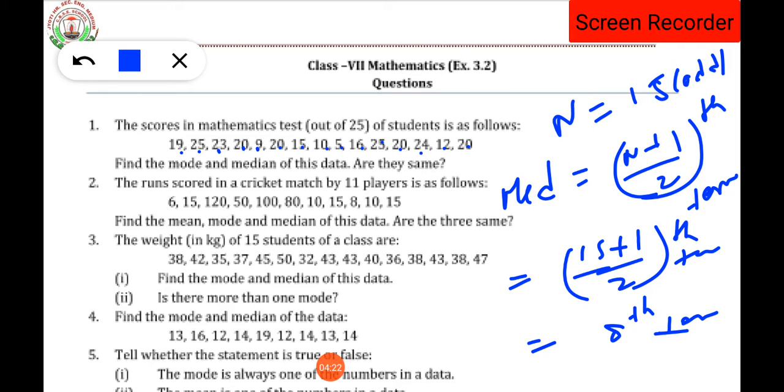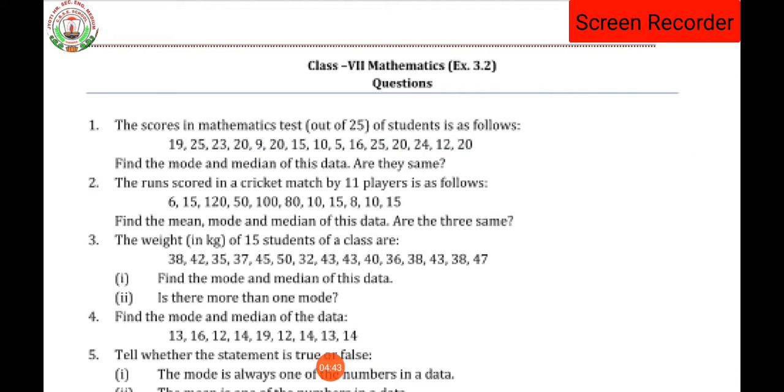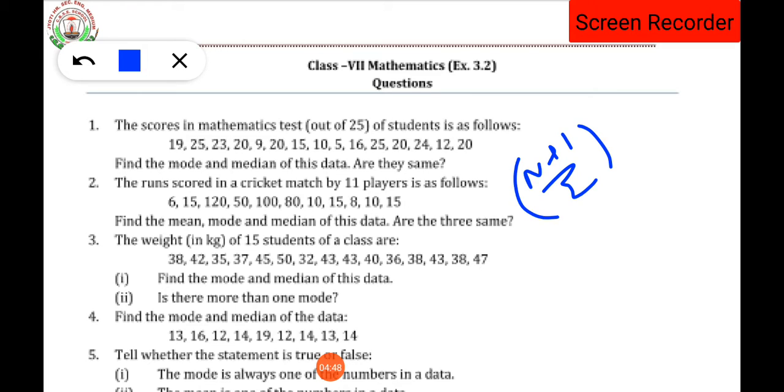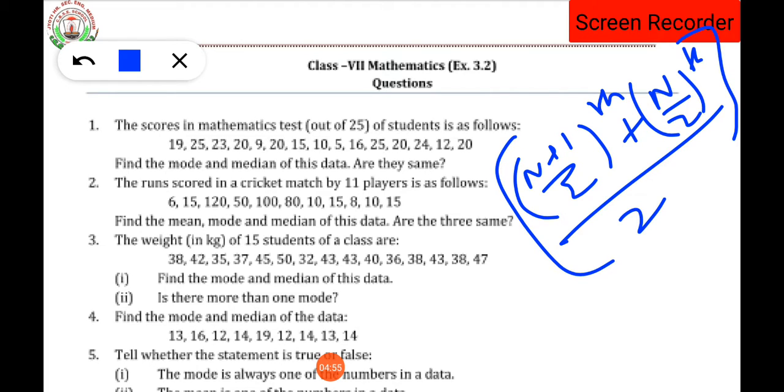What do you have to do with the 8th term? Whatever data you had arranged in ascending or descending order, count 1, 2, 3, 4, 5, 6, 7 and 8. The 8th position data will be the median of this question. Understood? If the n value comes out even, then the formula will change. The formula will be the average of the n by 2 th term and the (n by 2 plus 1) th term, that is, divided by 2.